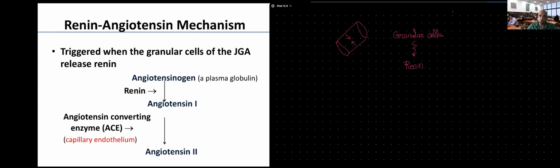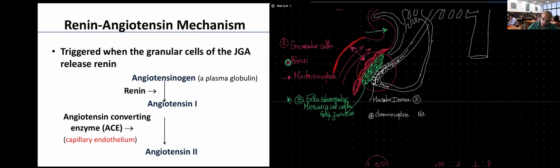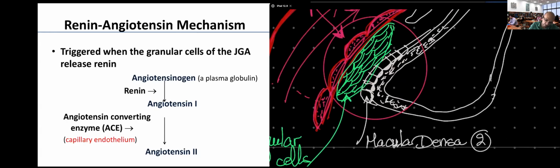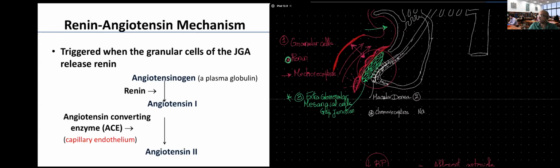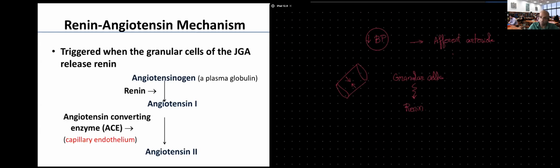How's the renin going to act? Those granular cells are going to be releasing the renin out in the blood. Renin doesn't increase the blood pressure directly.